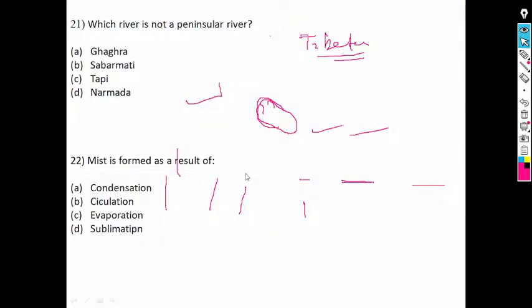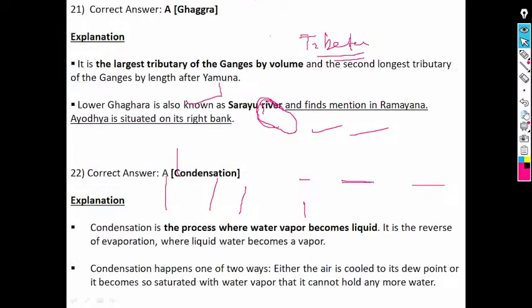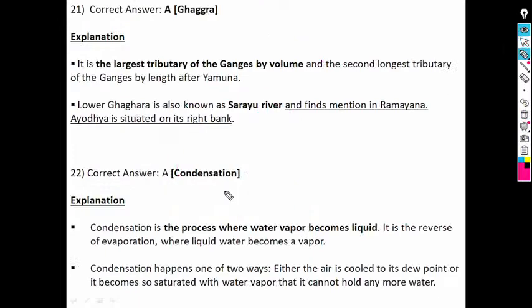Then mist formation: mist is formed by condensation. Condensation is the process where water vapor becomes liquid.